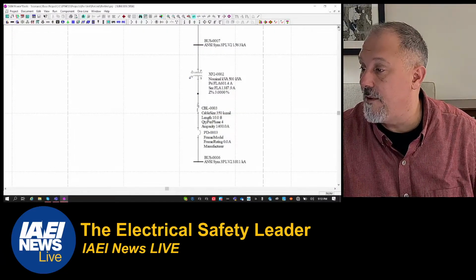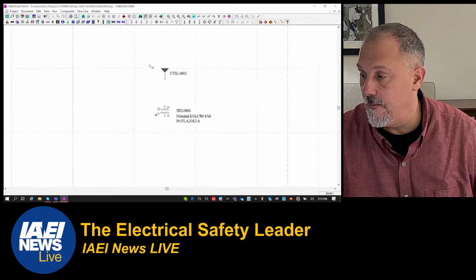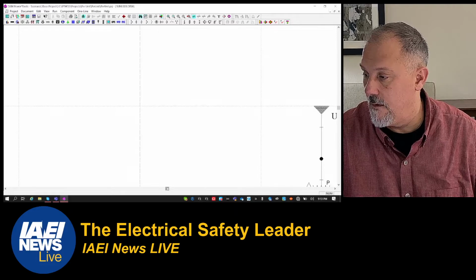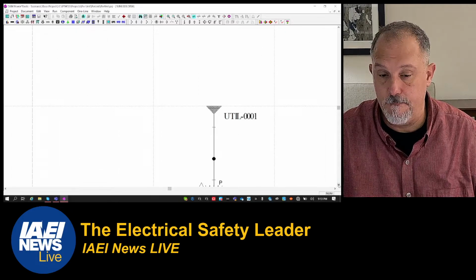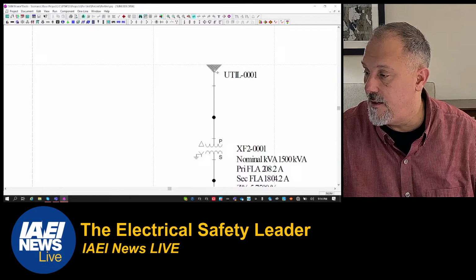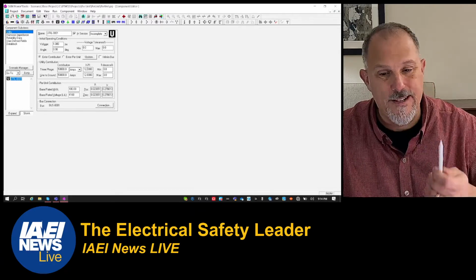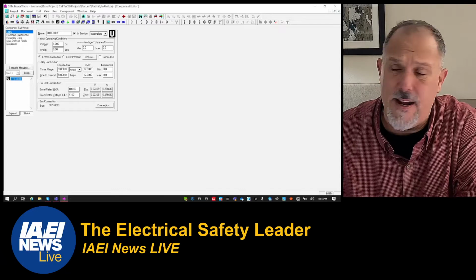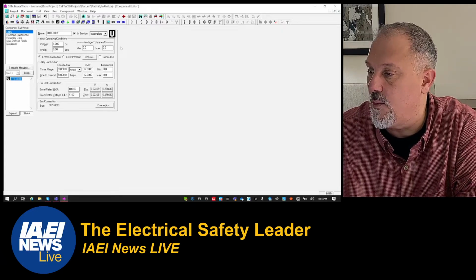So let's walk through the SKM. So here's my utility. I'm working without a mouse, so bear with me. So here's the utility. I'm going to double click on that. I have 50,000 amps, X to R of 12. I don't know if you can see that very well, but I'm trying. So I got 50,000 amps at an X to R ratio of 12.